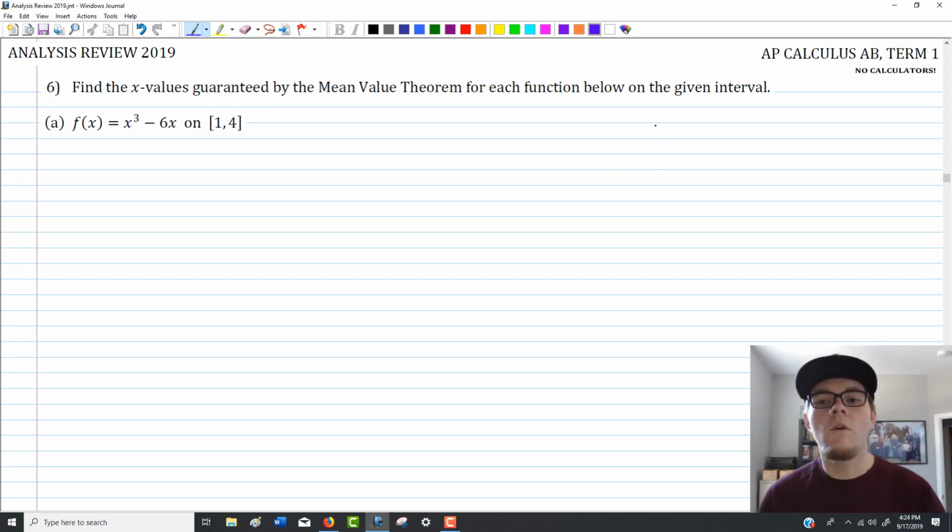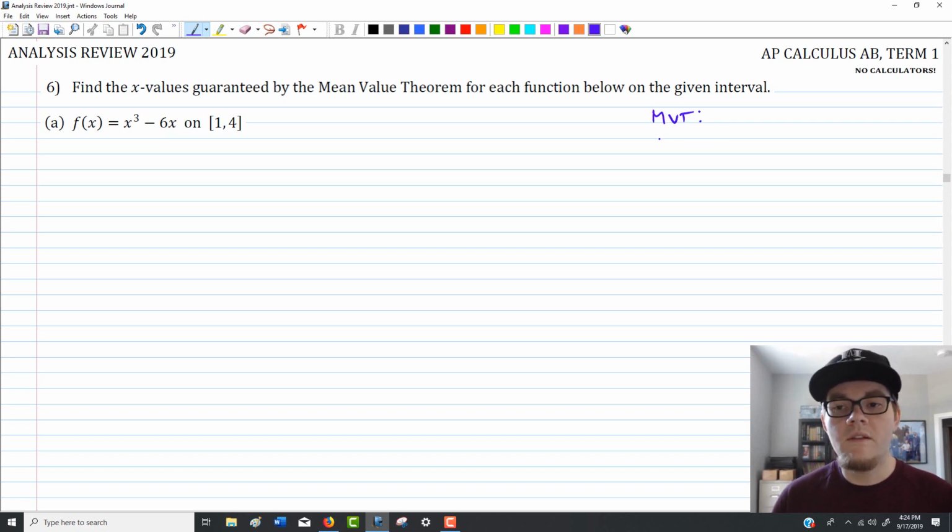So first and foremost, in order to use the mean value theorem, it's helpful to remember what the mean value theorem says. I'll write it out from memory.